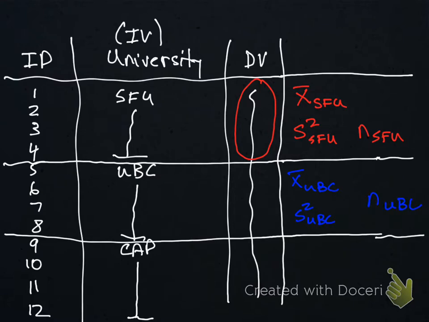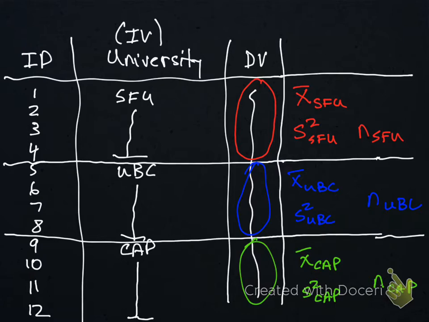And likewise, we can think of CAP as having its own sample mean, its own sample variance, or standard deviation if you'd like, and its own sample size. And again, that would be made up of CAP's 4 scores, UBC's would be made up of UBC's 4 scores. So the point is our first scenario is that these groups are treated as independent and separate from one another.